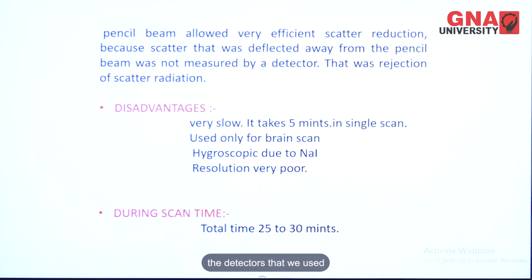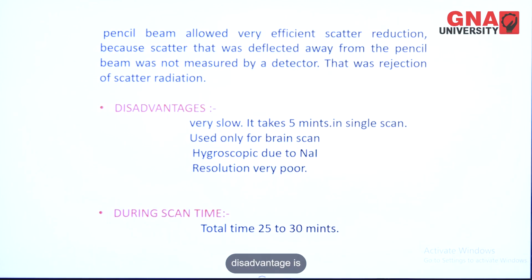Second, the detectors that we used were hygroscopic. Hygroscopic means they acquire moisture from the environment, and because of that defect, we needed to recalibrate these detectors after each scan, and after a period of time, say 2 or 3 scans, we needed to replace these detectors.